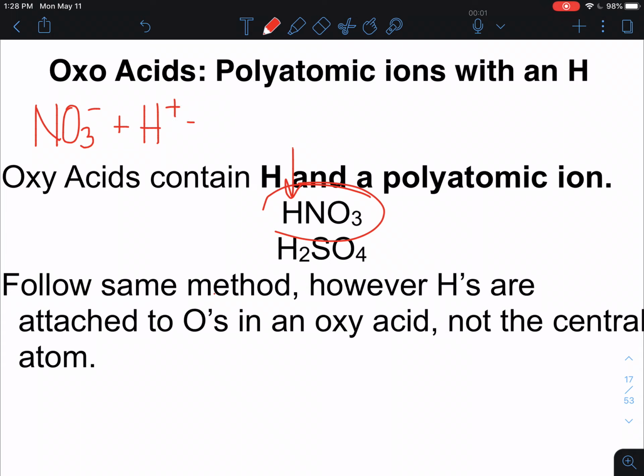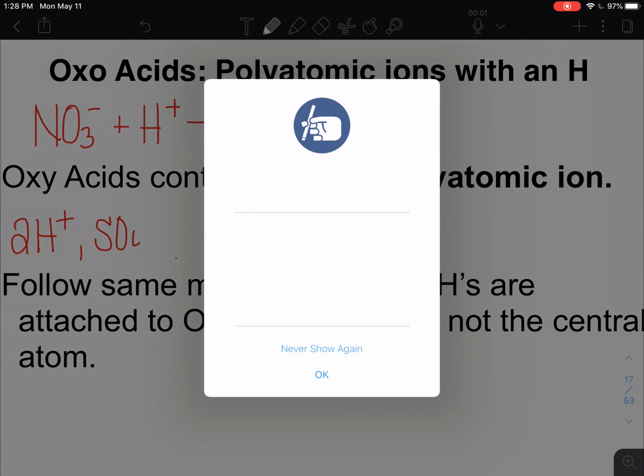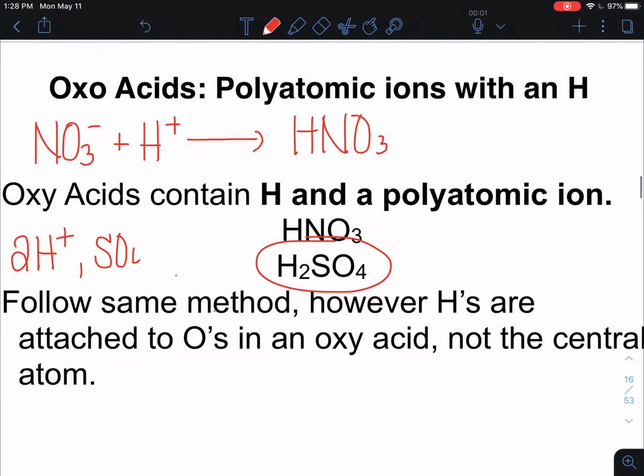So it's going to give you HNO3. Another oxyacid would be H2SO4, all right? And you can see that when we break it up, it's going to be two hydrogen ions and the sulfate anion.